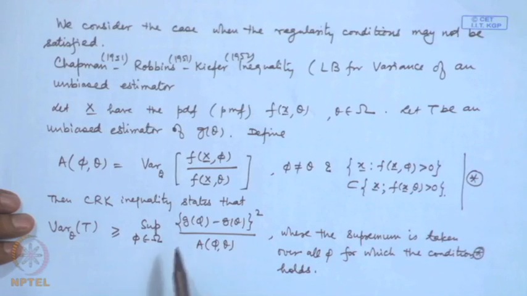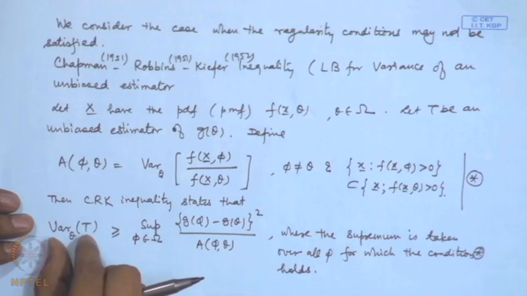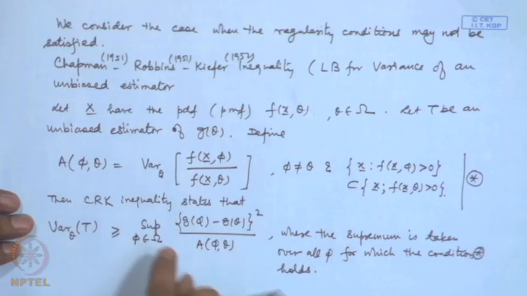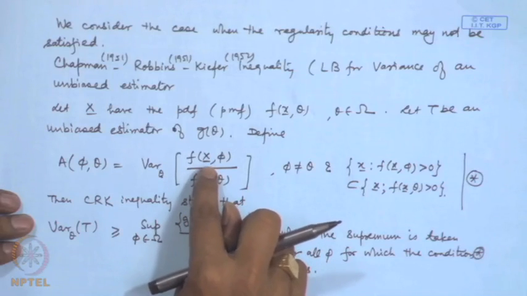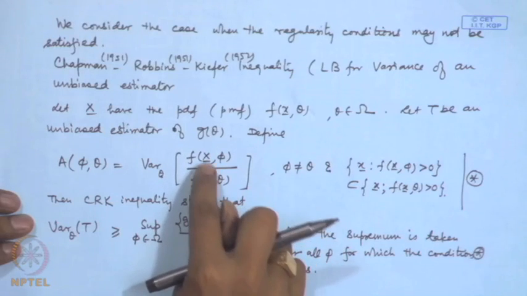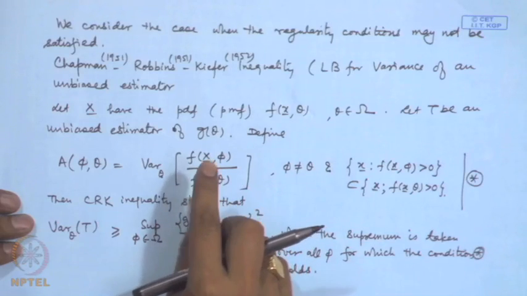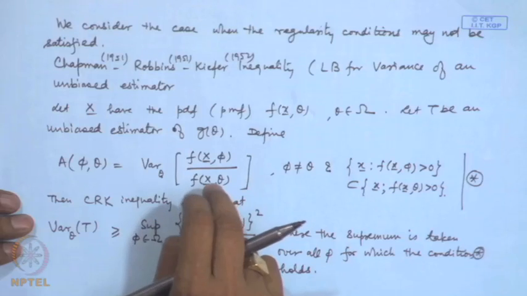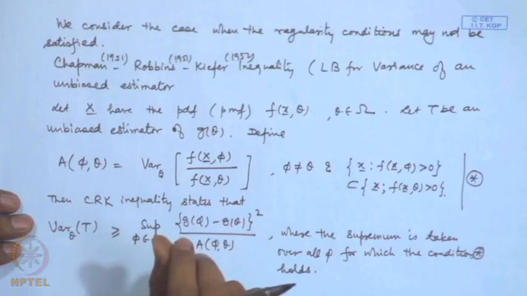So, this Chapman-Robbins Kiefer inequality gives the lower bound for the variance of an unbiased estimator of a parametric function g theta, but we have not placed any condition on the density function, like in the case of Rao-Cramer or Bhattacharya's bound. We have placed conditions on the existence of the derivatives, of the integrals, etcetera.